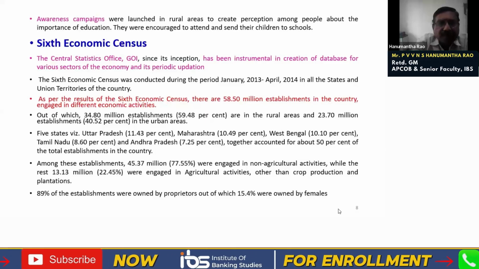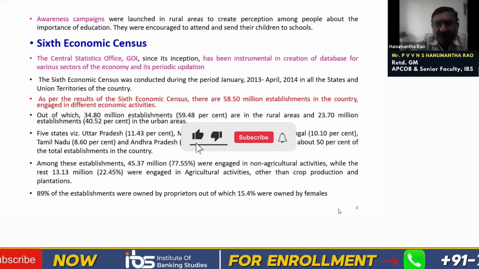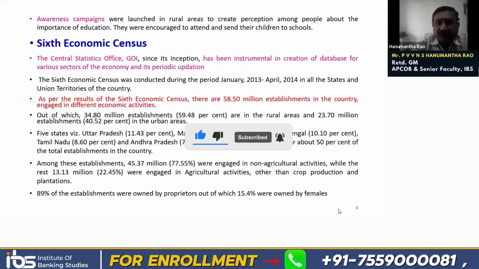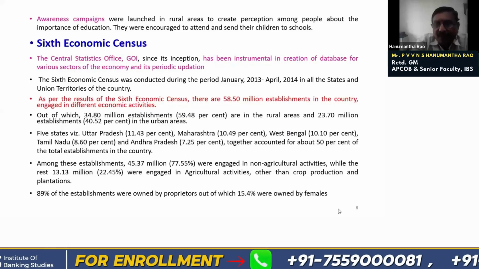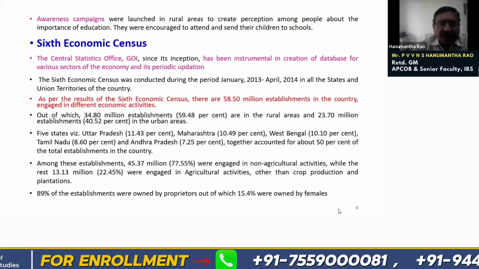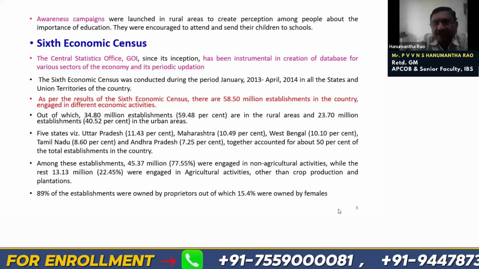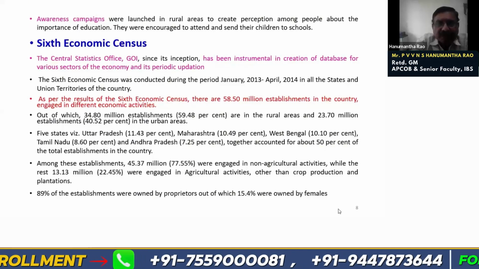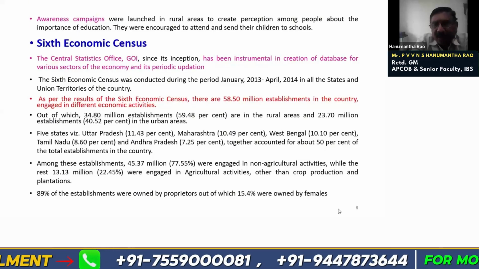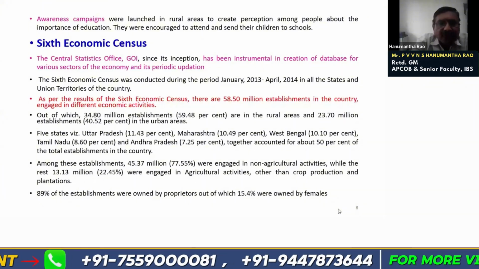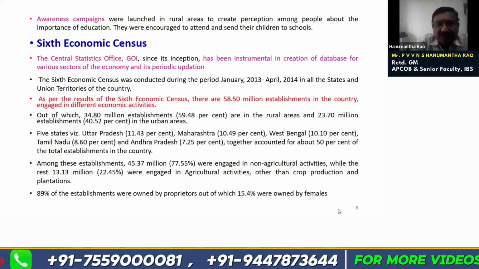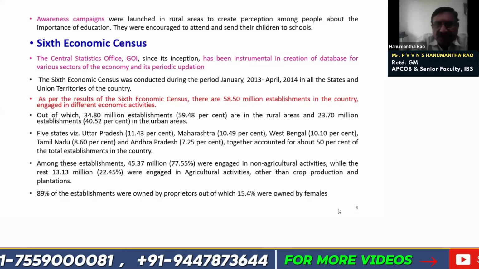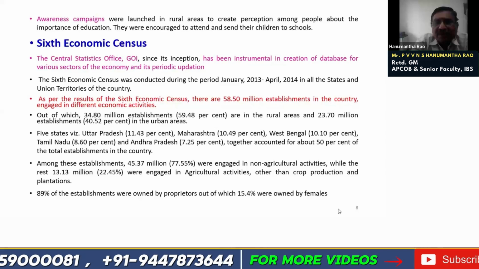Out of which, in rural areas we have 59.48% of establishments and 40.52% establishments are there in the urban areas. So this information relates to 2013 and 14.